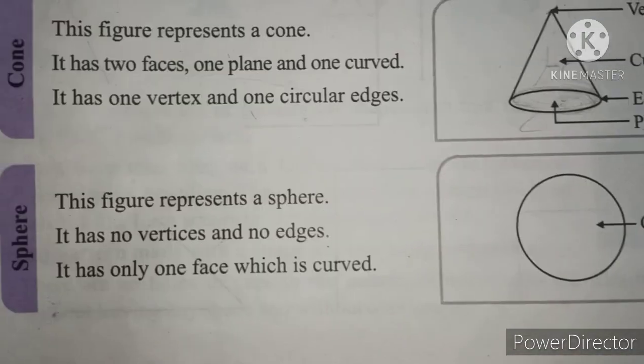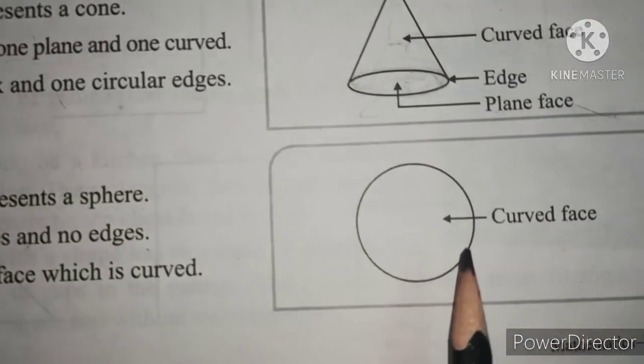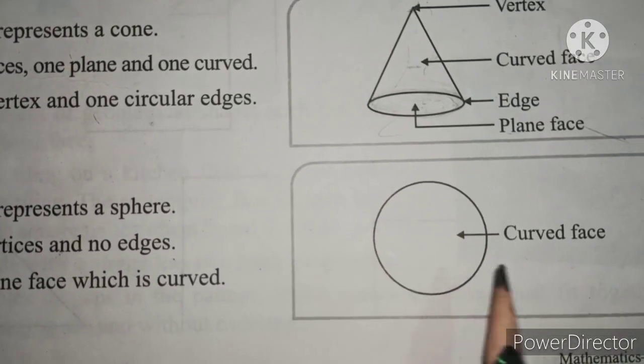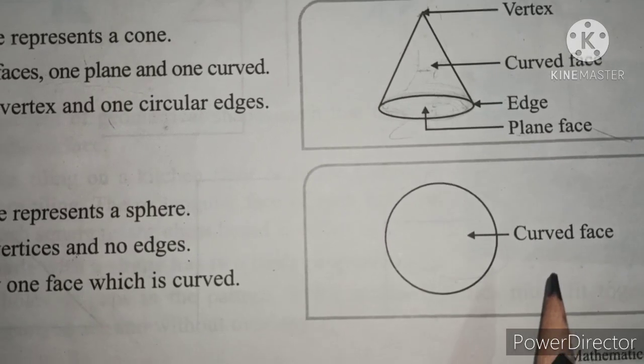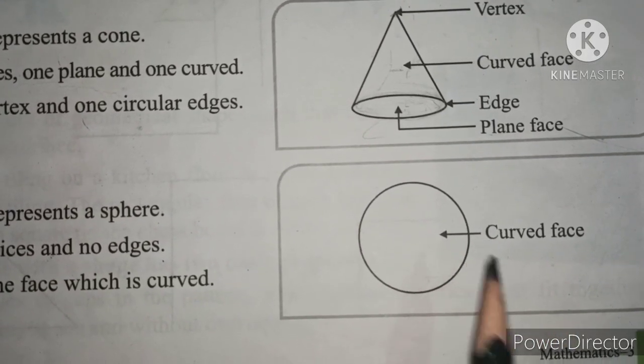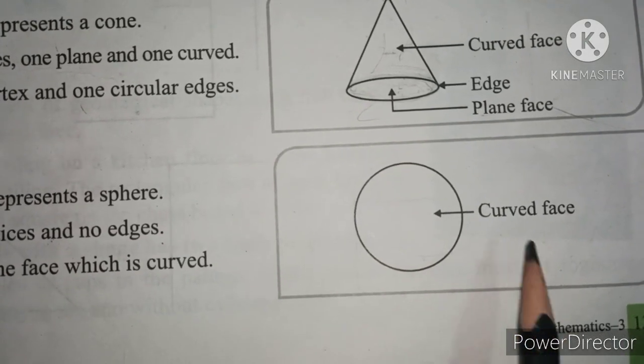Now next is sphere. Look here. This figure represents a sphere. It has no vertices. No corner and no edges. It has only one face which is curved.